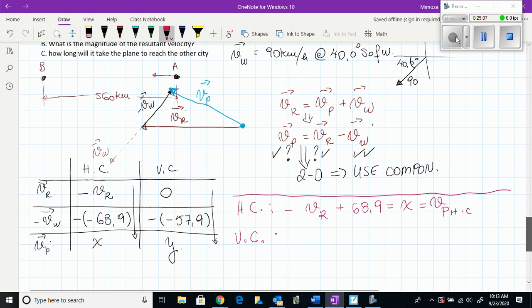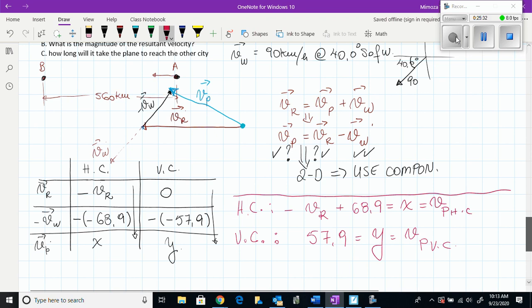And from the vertical component, we have that positive 57.9 is equal to y, which is the vertical component of the velocity of the plane.